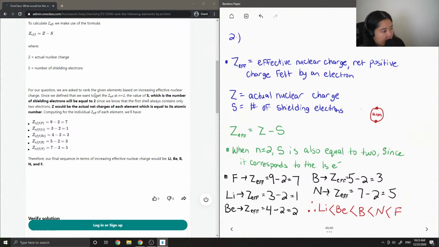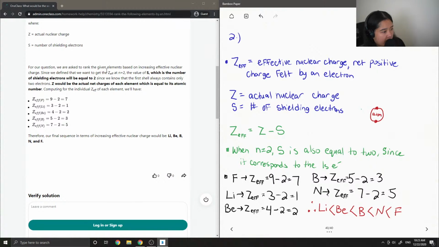For our question, we are asked to rank the given elements based on increasing effective nuclear charge. Since we defined that we want the effective nuclear charge at n equals 2, the value of S, which is the number of shielding electrons, will be equal to 2, since we know that the first shell always contains only 2 electrons.